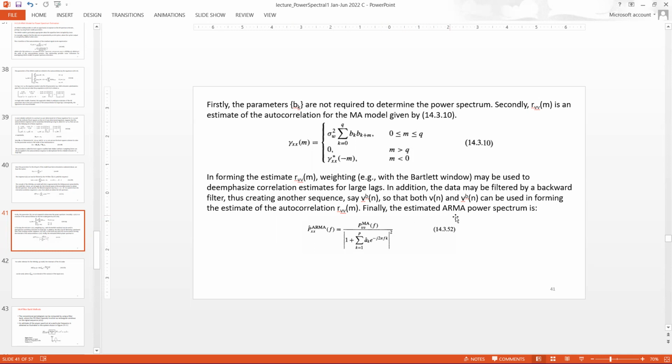The estimated ARMA power spectrum is given by this equation. Okay. So we get the estimated ARMA model power spectrum, this one.